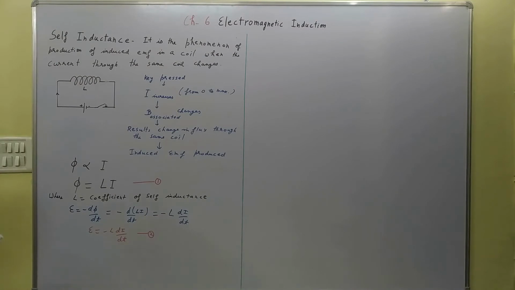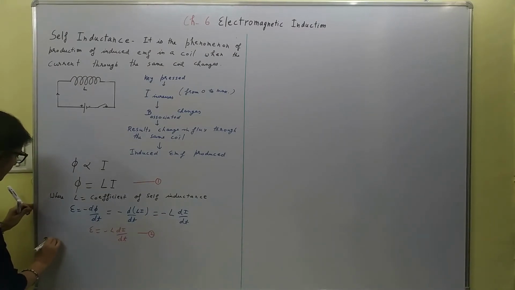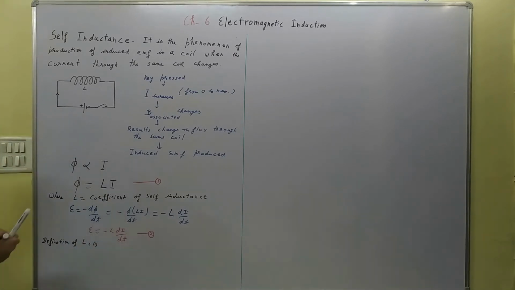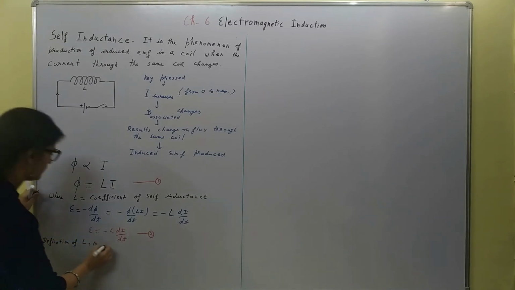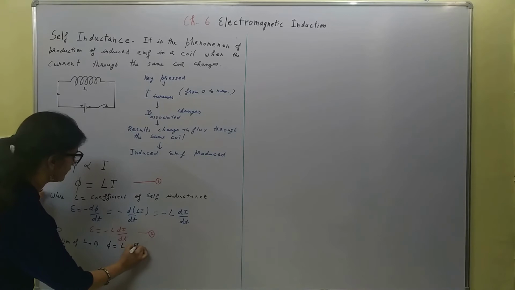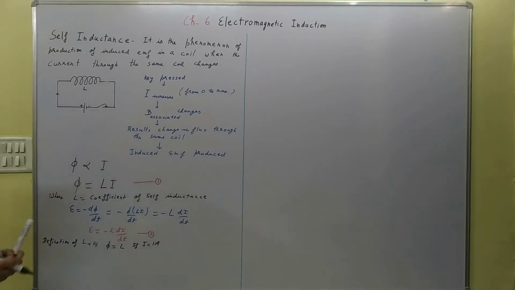So we can define the coefficient of self-inductance. Definition of L. We will first write the first definition. If I write phi is equal to L I, when current is 1 ampere, I can define it on the basis of this.